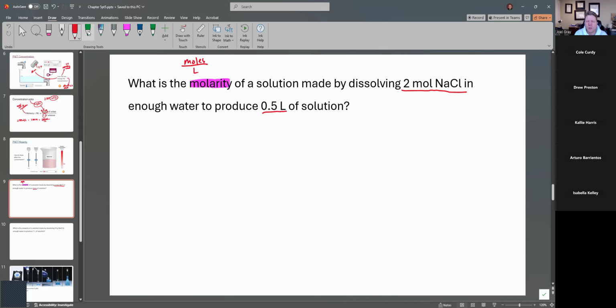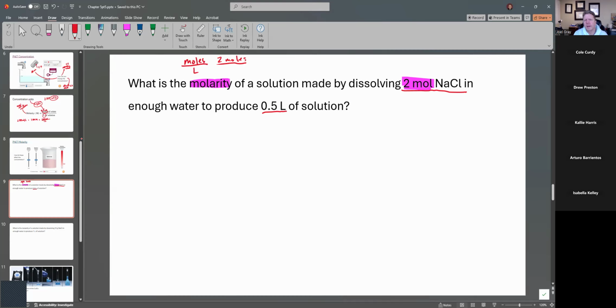That's my answer. My answer is going to be in moles per liter. The next thing is by dissolving 2 moles of NaCl. Oh, okay. Well, that's kind of cool because it's giving me the number of moles. So 2 moles. I don't know how many liters though. Then it goes on to say 2 moles of NaCl in enough water to produce 0.5 liters of solution. Huh.